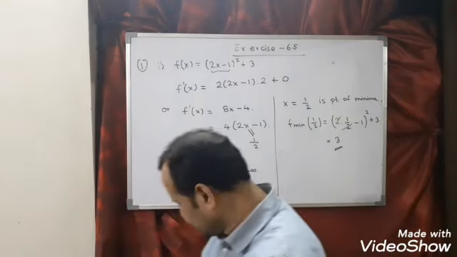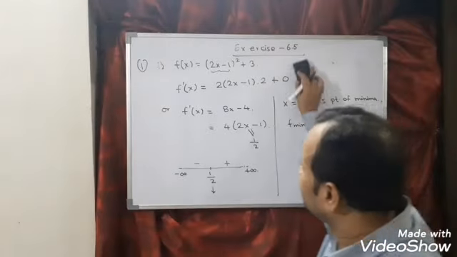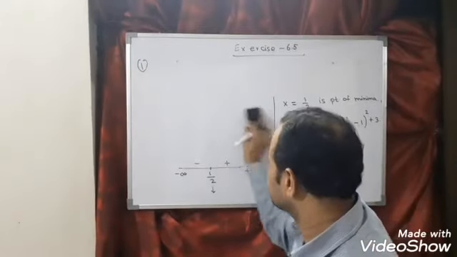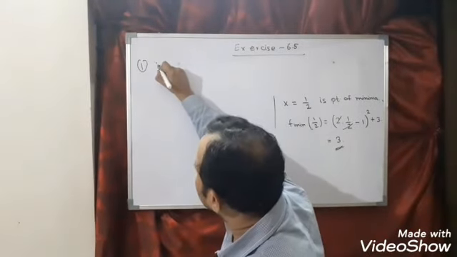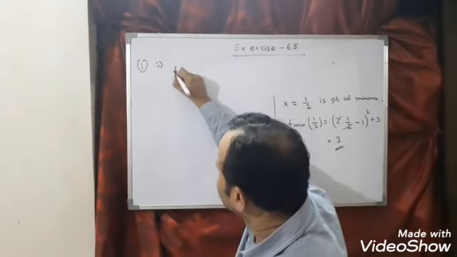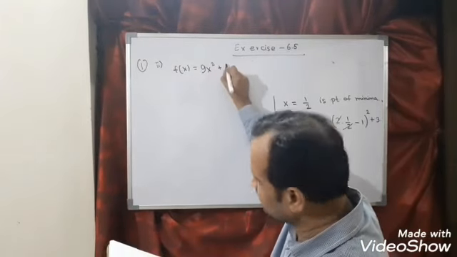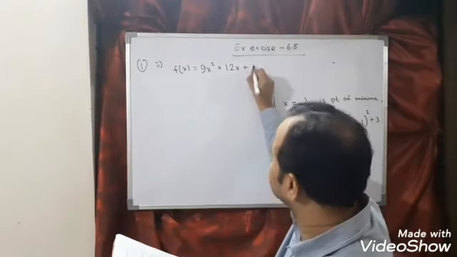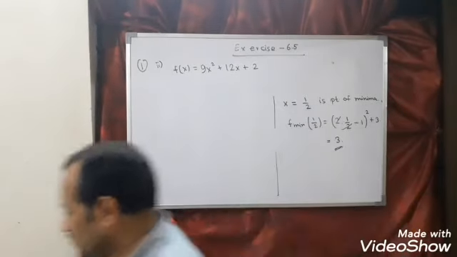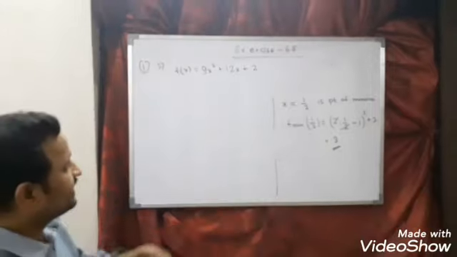Let us see the next question. Second bit is f of x is equal to 9x square plus 12x plus 2. Again a polynomial, so we can apply the working rule.